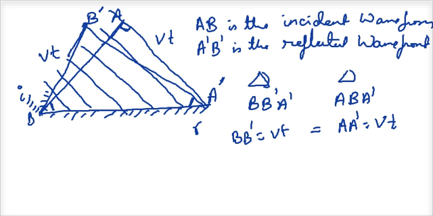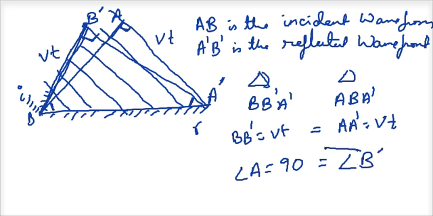Similarly, this is the reflected wavefront and this is the perpendicular, so this will be the reflected wave. If this is the reflected wave, then this angle here will be 90 degrees. So I can say angle A is equal to 90 degrees, which is equal to angle B. So angle B dashed corresponds to this, angle A corresponds to this.